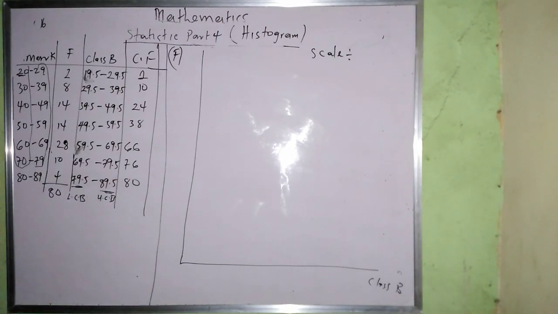Now, with the help of my scale, I'm working against this, and this. Now, my class boundary starts from 19.